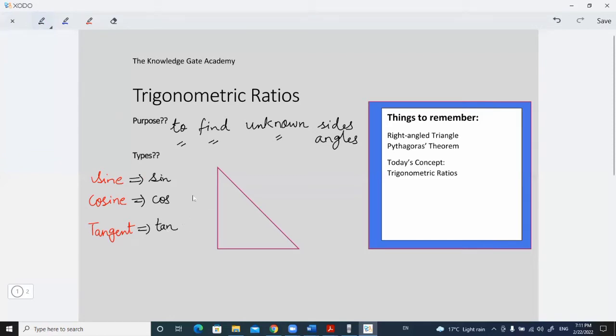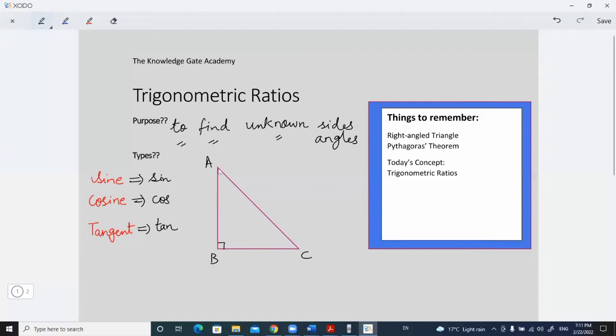Suppose that this is a triangle in which this is vertex A, this is vertex B, and this is vertex C. What type of triangle is this? This is a right angle triangle. I'm making a right angle at point B. So now you can see this is triangle ABC. I'm just mentioning the sides.